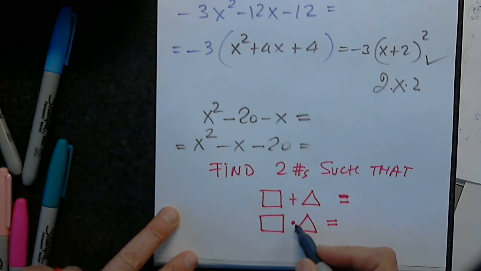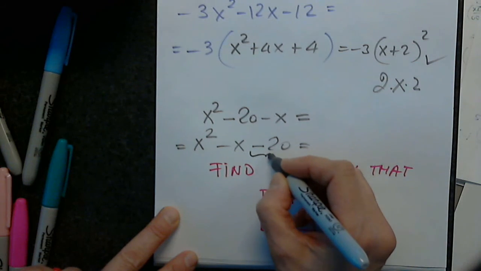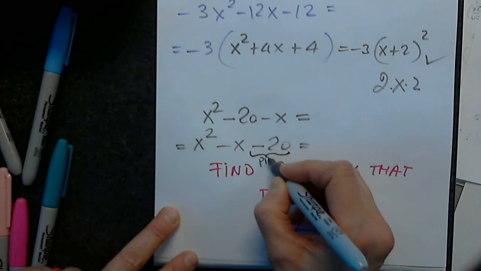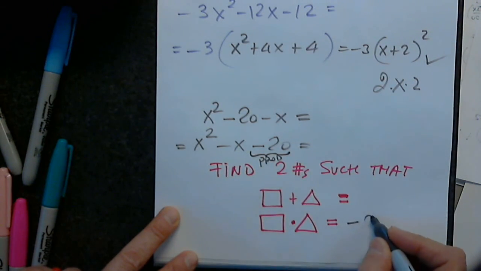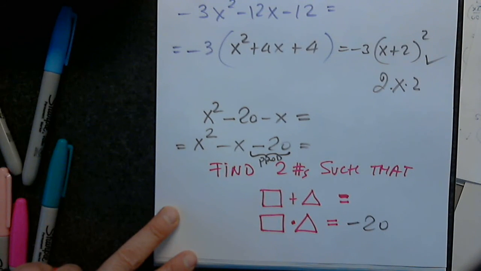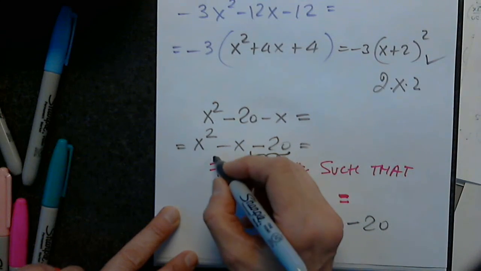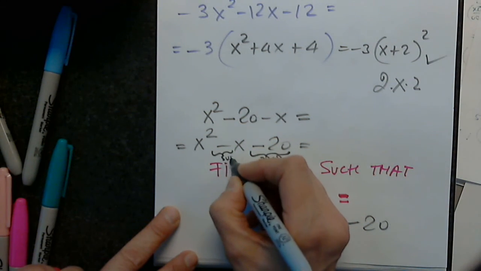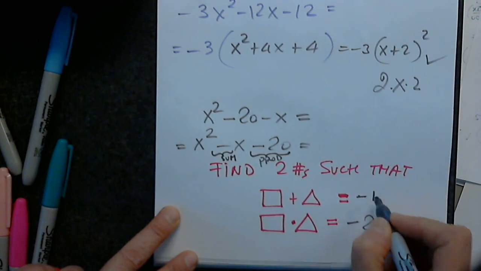The product is always this number, negative 20. And the sum is always this number, which is negative 1.